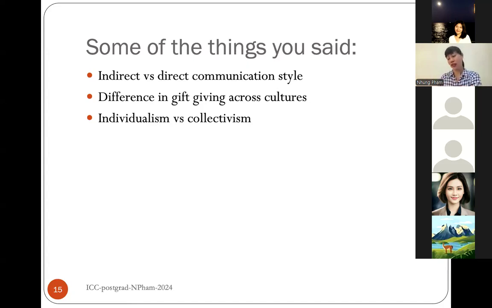You say, teacher, this is a very small gift that I would like to give you on Teacher's Day. Your teacher often says, no, you don't have to do it. Your presence, you visiting me, is already a present. You don't have to give anything to me.